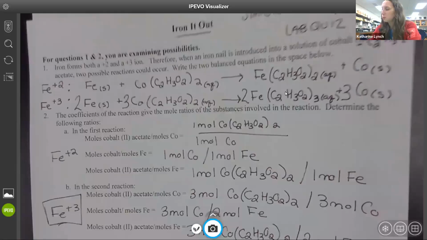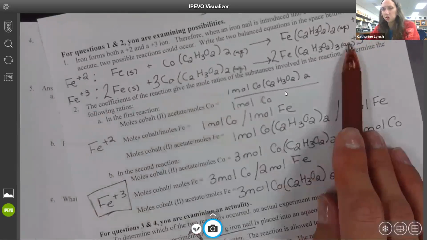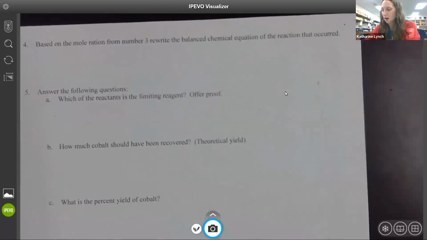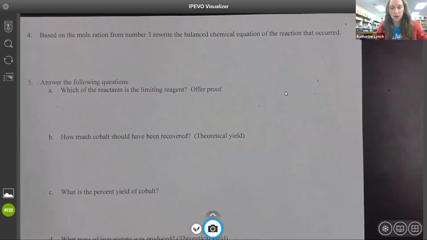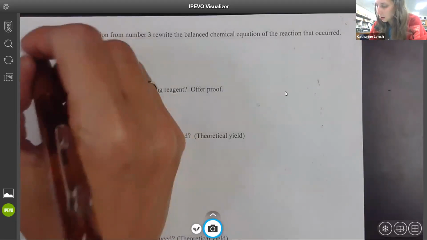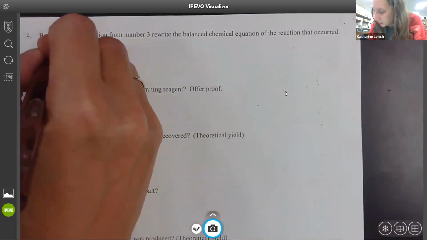So I am going to rewrite this balanced chemical equation at the top on number 4. I'm going to do that right now, and you guys can do that as well. So we know this was Fe plus 3.